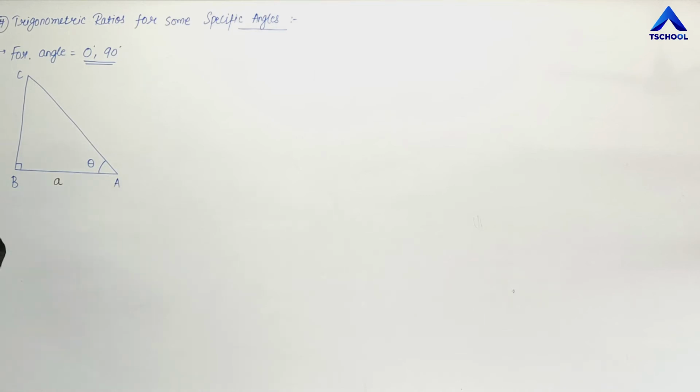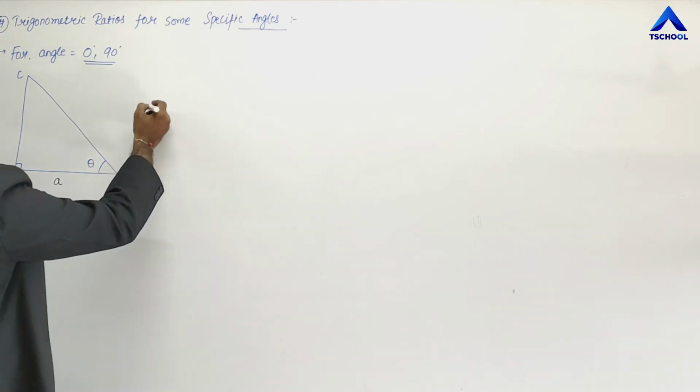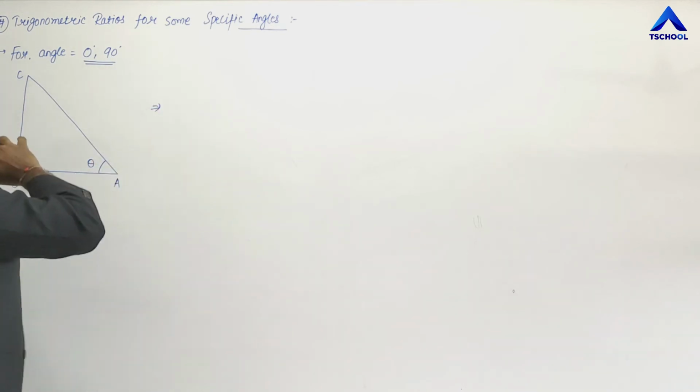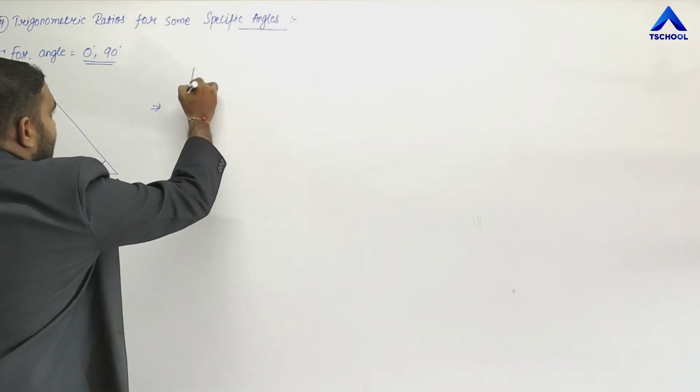Now, for theta equals to 90, the first derivation that we did was for theta equals to 0 degree. Now let us carry out for theta equals to 90. So again let me draw this triangle here.